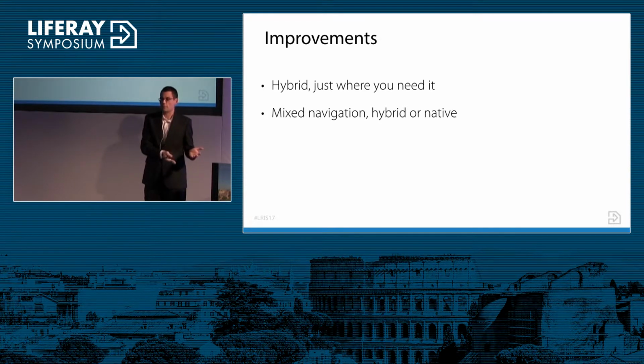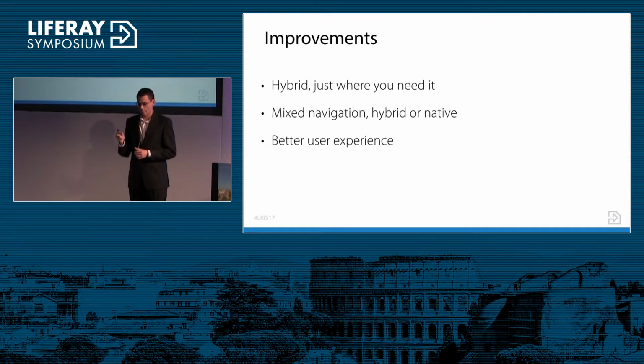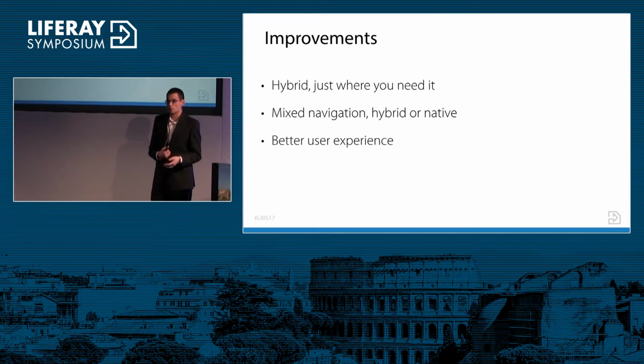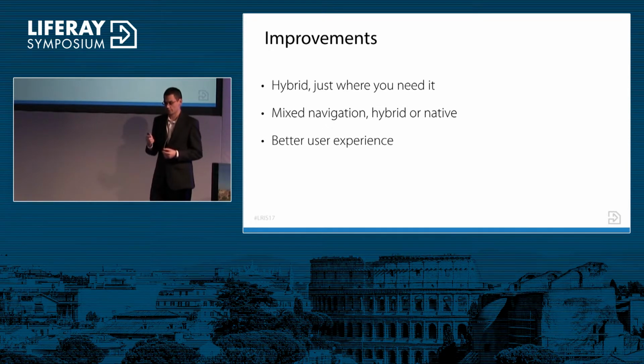If you want native navigation in the more critical aspects of your application, you can do it, and in the less critical, less important ones, you can use a web screenlet right away. And the most important one is that you have a better user experience. You understand what the user needs and demands, so you can provide the specific solution for a specific screen, either native or web, depending on the user's critical needs.